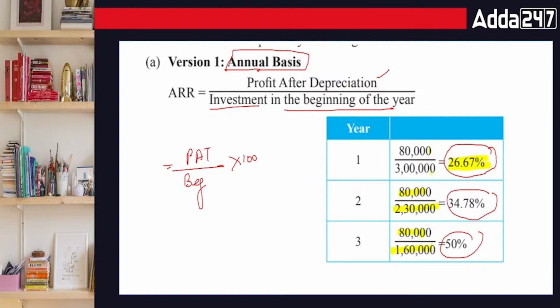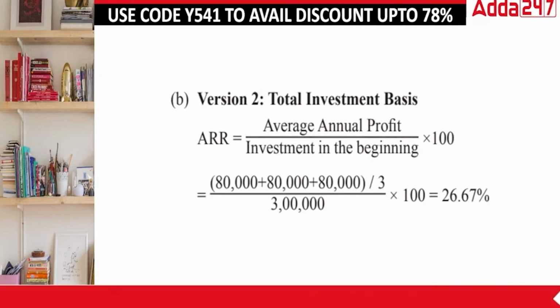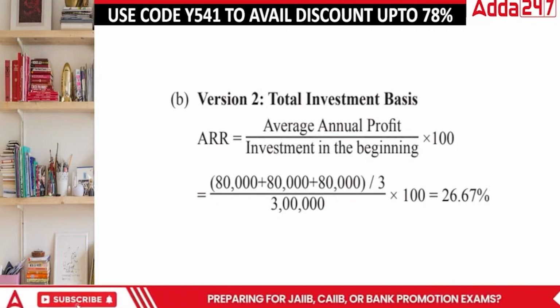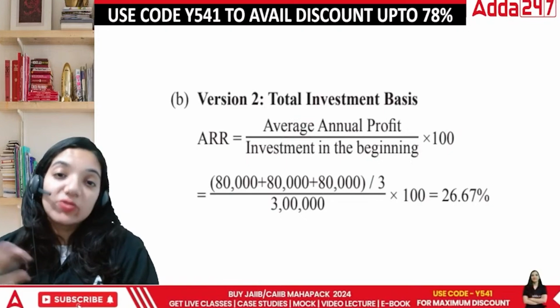This was the first version. Second version to it is version 2. What do you mean by the second version, everyone? They are taking not this part. Now they say, we will not take up individual years. Let's take up all the 3 years together.